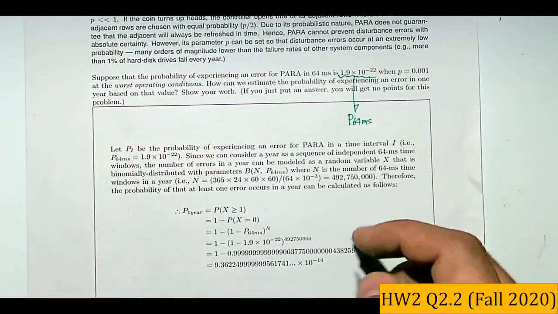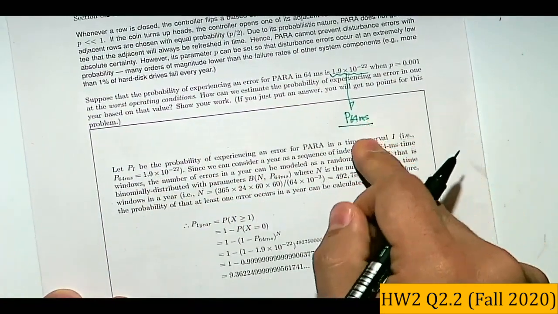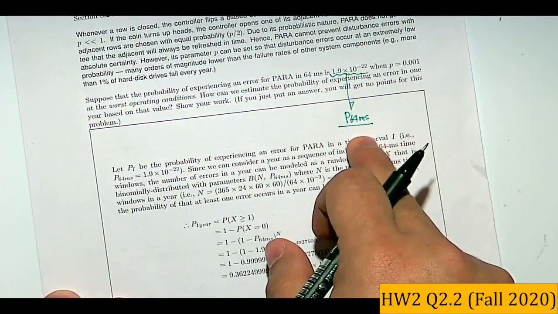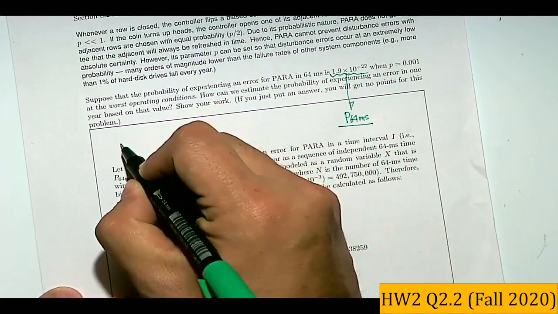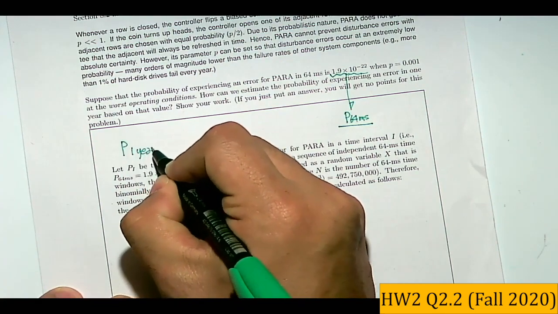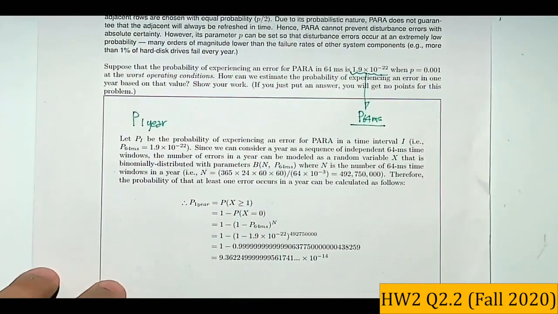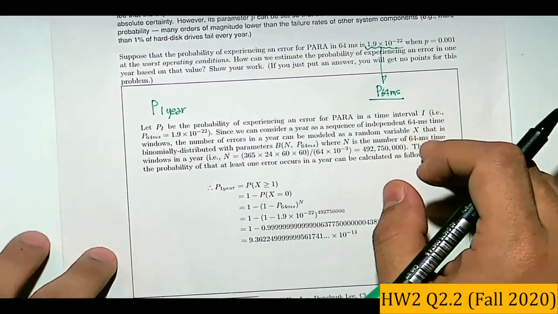So this is the probability of experiencing an error for 64 milliseconds, and the question is to get the probability of experiencing an error for PARA in a year.